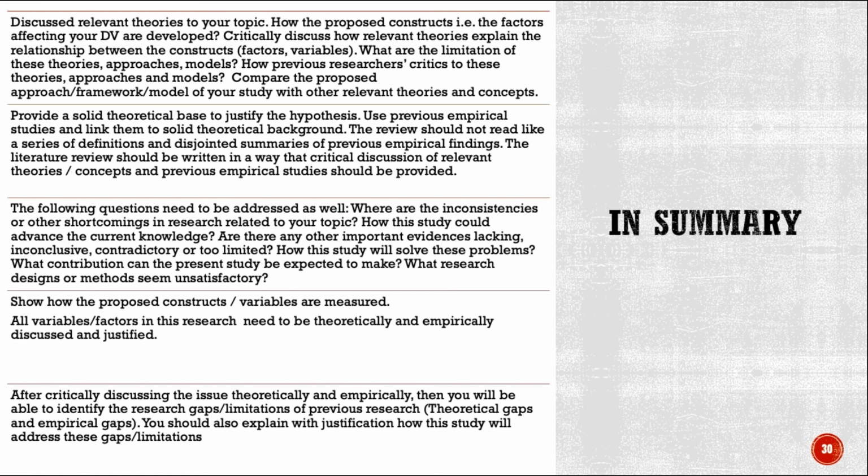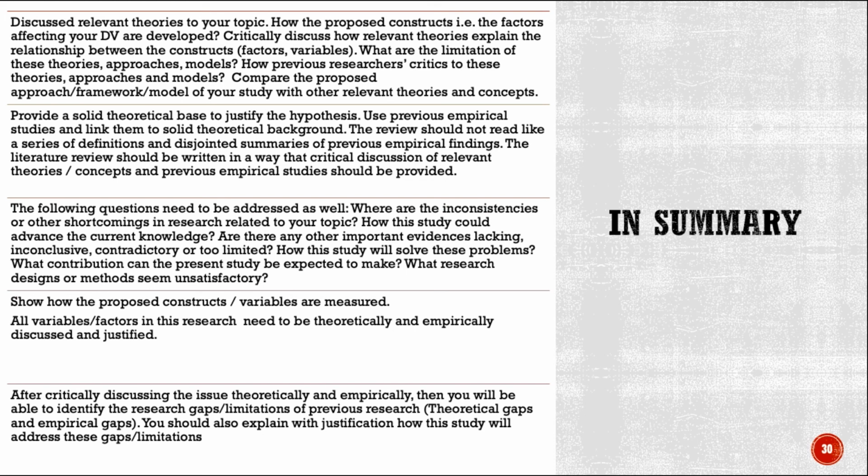For example, how the proposed constructs, factors, or variables affecting your dependent variable are developed. So how those variables are developed. You have to critically discuss how relevant theories explain the relationship between those constructs or variables. What are the limitations of these theories, approaches, models, or how previous researchers criticize these theories and approaches.